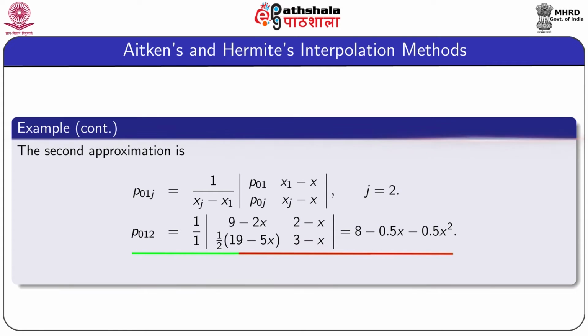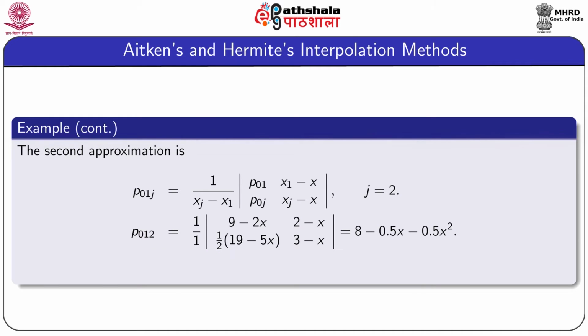The values of p 0 1 and p 0 2 were obtained in the first approximation: 9 minus 2 x and half into 19 minus 5 x, and the second column is 2 minus x and 3 minus x. After simplification, this determinant gives 8 minus half into x minus half into x square.